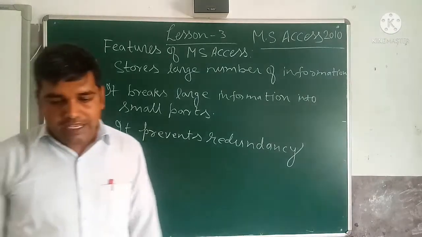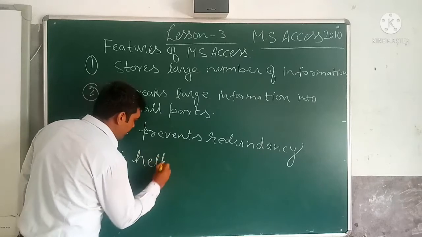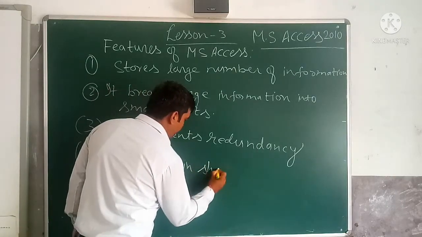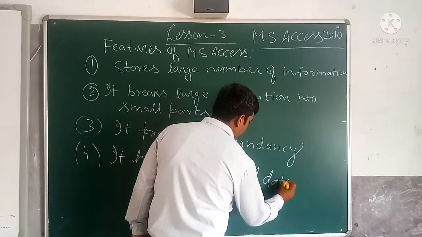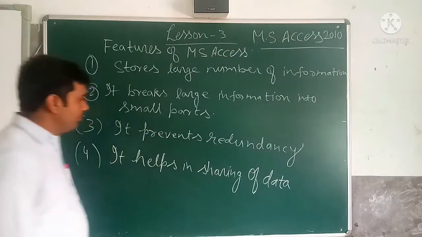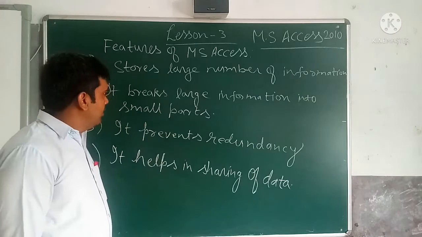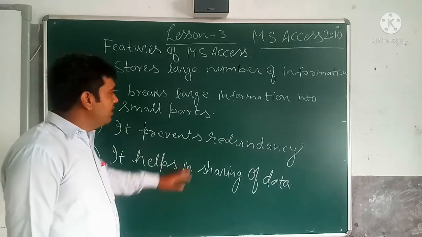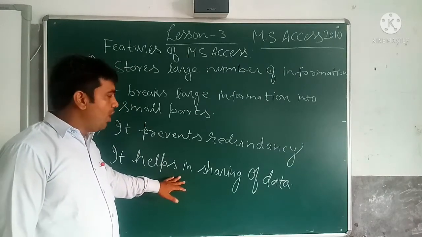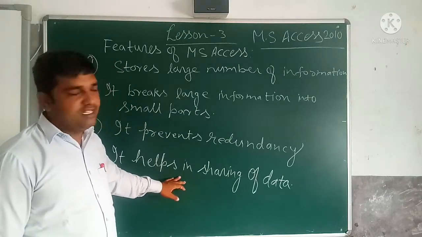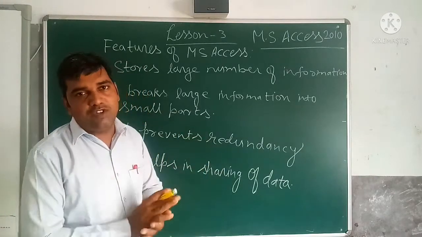Next feature, Access facilitates the sharing of data. It helps in sharing of data means if more than one person wants to access the same information of the students, it can be done in Access because it will provide copies. Suppose 5 people want to access the same information, it will create 5 copies of that information and each person can view that information on their screen.